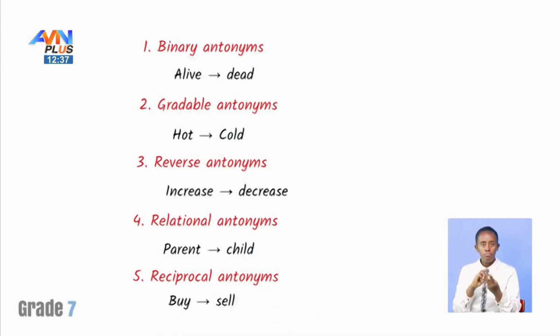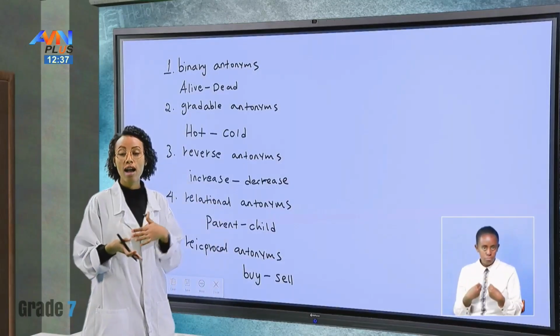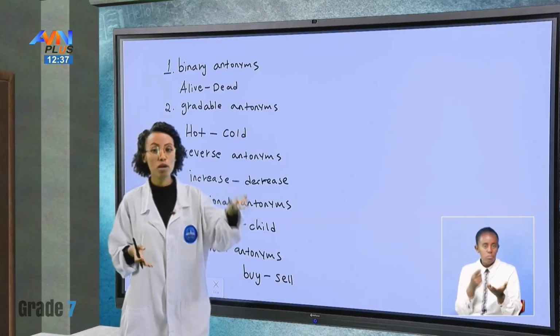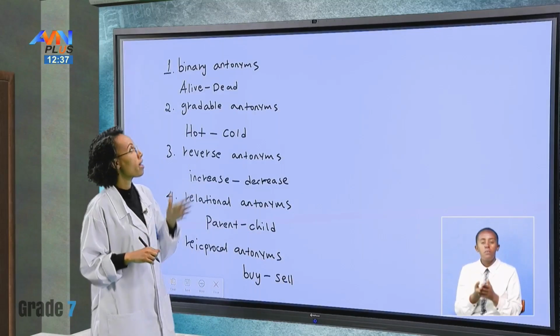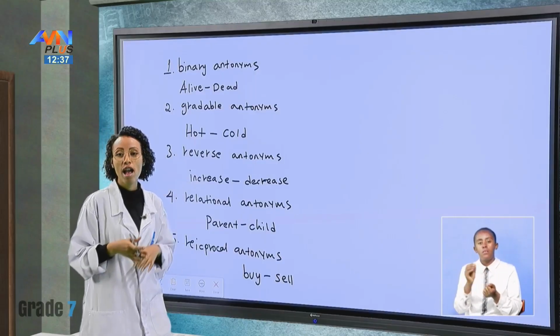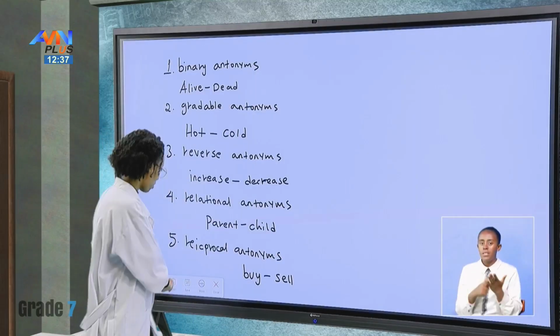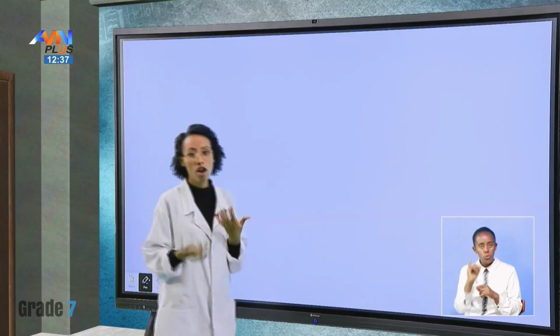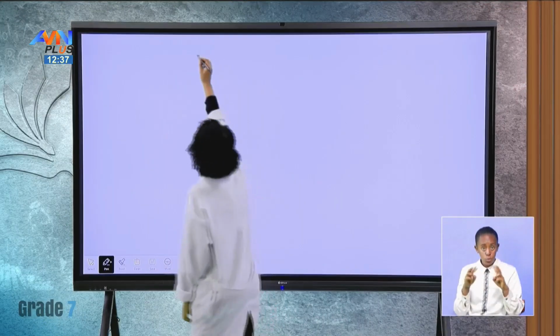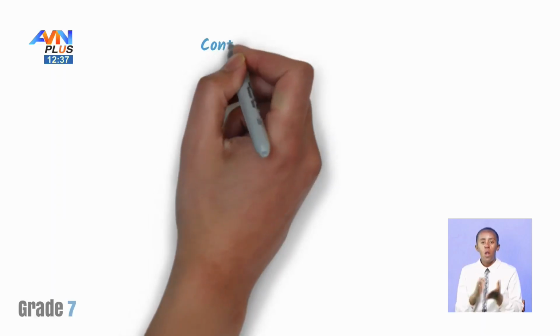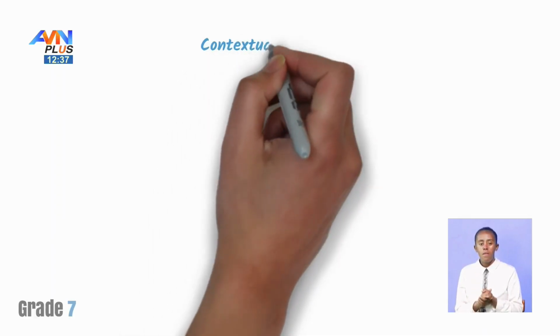Give or take. That is how reciprocal antonyms work. If you do something, you get something in return. That's why it's called reciprocal. And these are the 5 types of antonyms. So these were the ideas that we talked about in detail last time. So today's topic is contextual vocabulary.